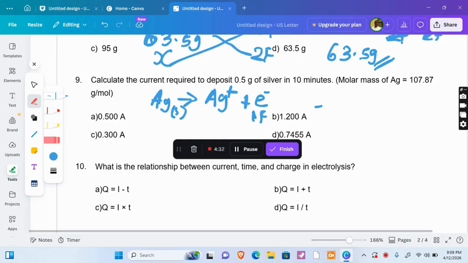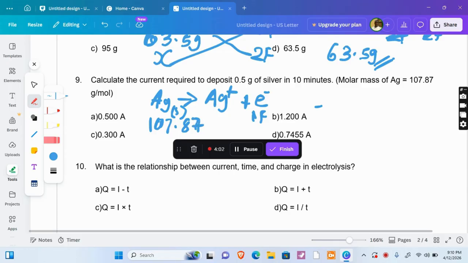And what's the mass of silver there? 107.87 grams of silver will produce 1 farad.